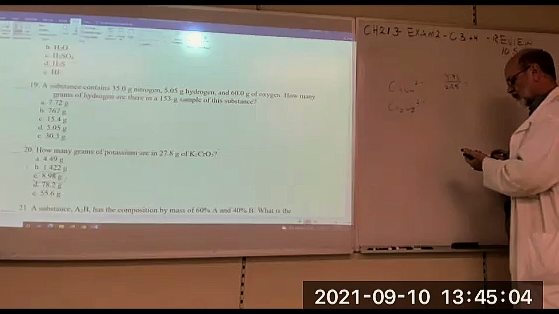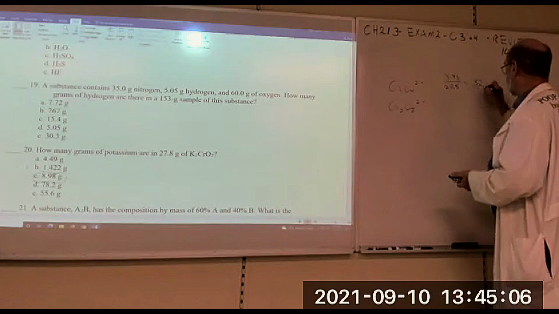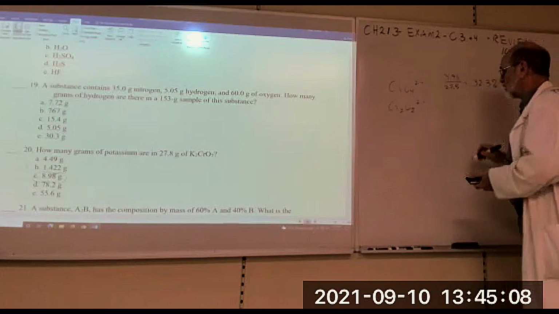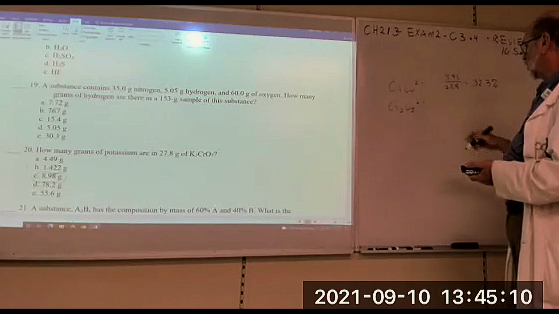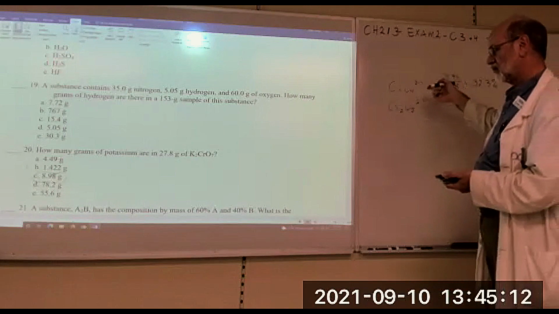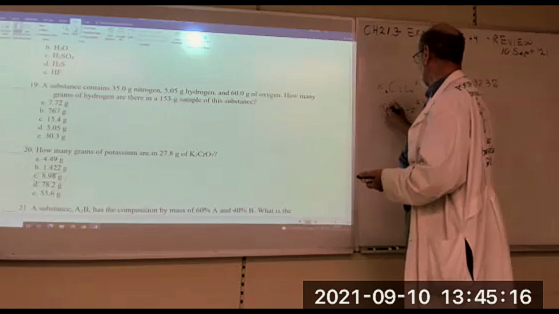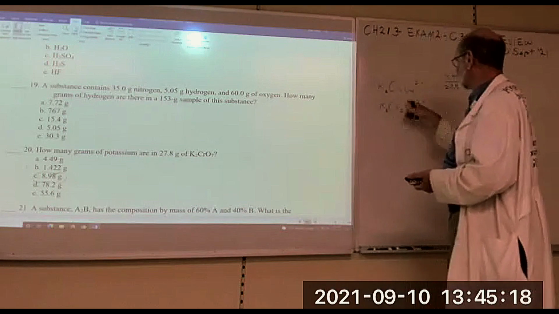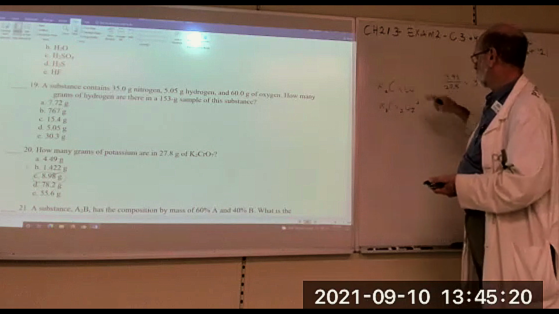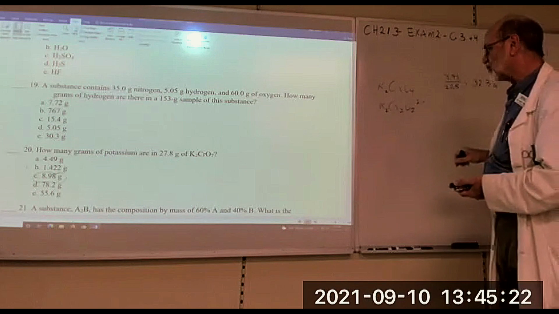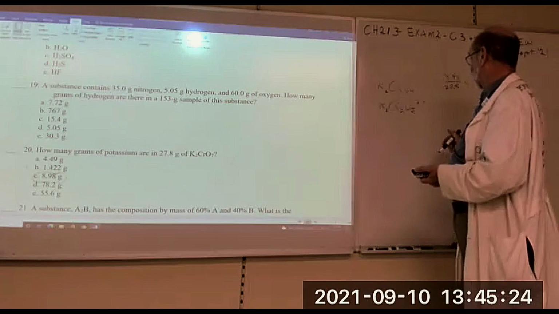So that's 32.3%. Okay. We'll just do one of them. This would be K2CrO4 and this would be K2Cr2O7. So let's do this one. What percent potassium is in this one? All right.